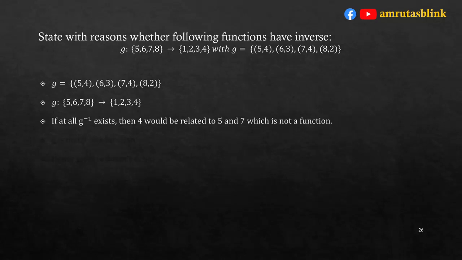Now in this case 5 is related to 4, 6 is related to 3, 7 is also related to 4. So if at all g inverse exists, then 4 would be related to 5 and 7, which is not a function, because g is a many-one function and hence g inverse does not exist.